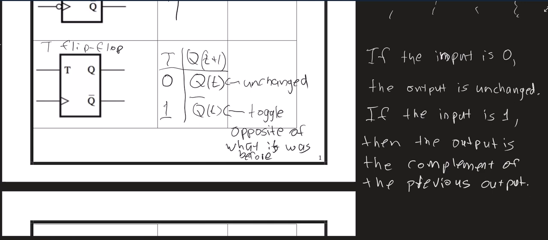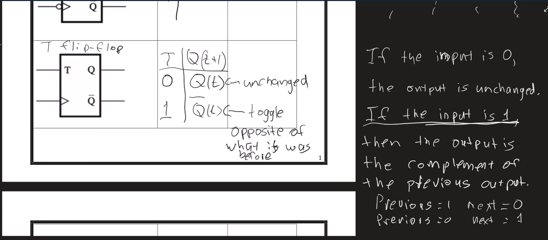So if the previous output was 1, then the next is 0, and if the previous was 0, then the next is 1, and that happens if the input is 1.